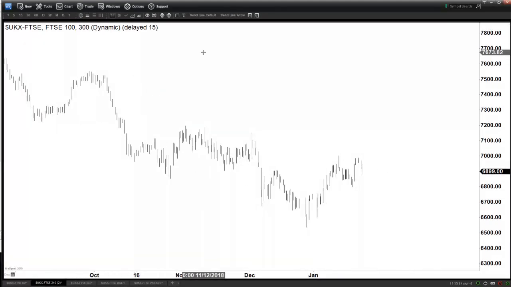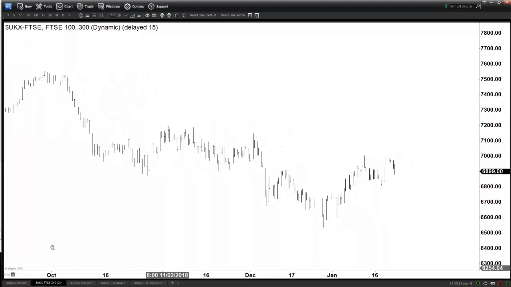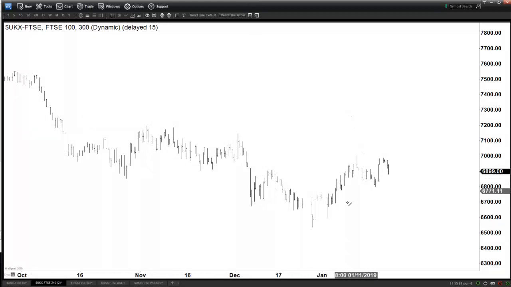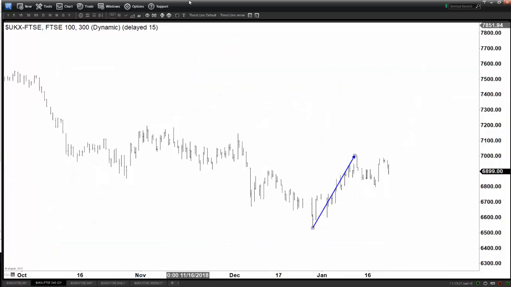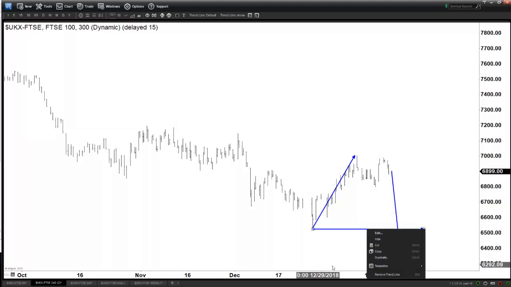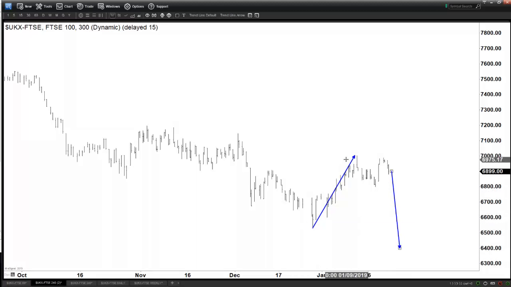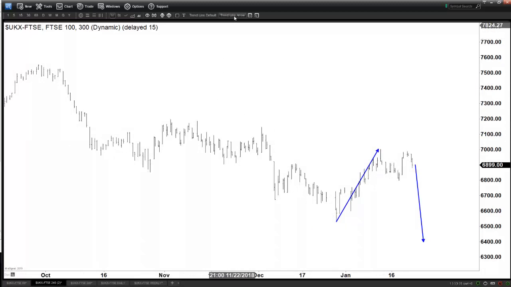So here's the 4-hour chart of the FTSE. So let's say if this looks like a 5 waves like we saw in the 1-hour chart here. So let's say that it fails to hold and rally like this, and instead just drop lower like this. So that means that this 5 waves is a part of a flat from here.